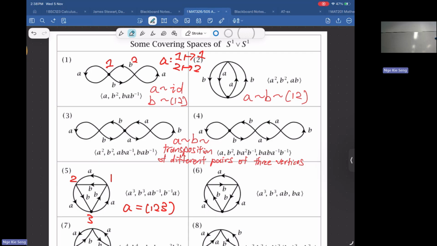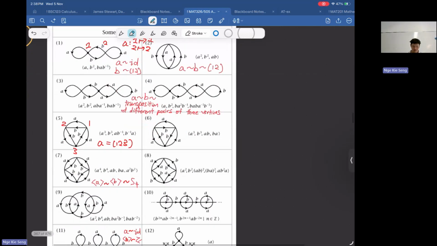Everything has the same number of preimages. It's a proposition. There's no two here; this whole thing is three-sheeted, and every point has 3 preimages. And then the rest you can try and figure out.